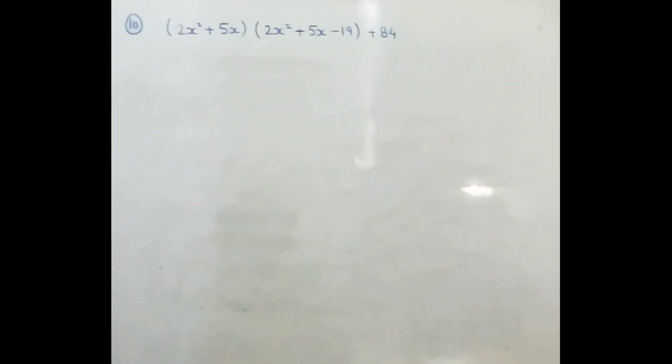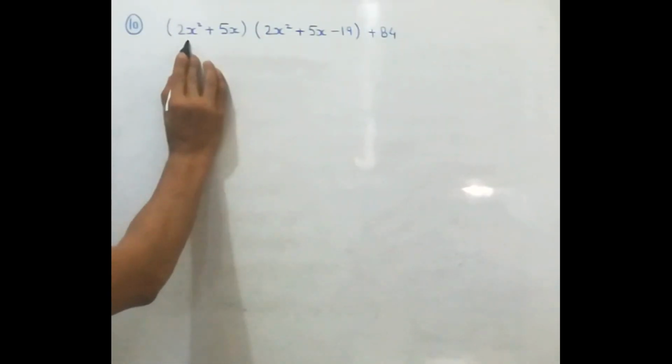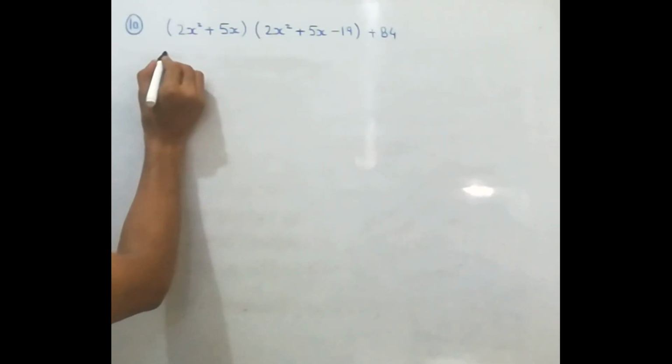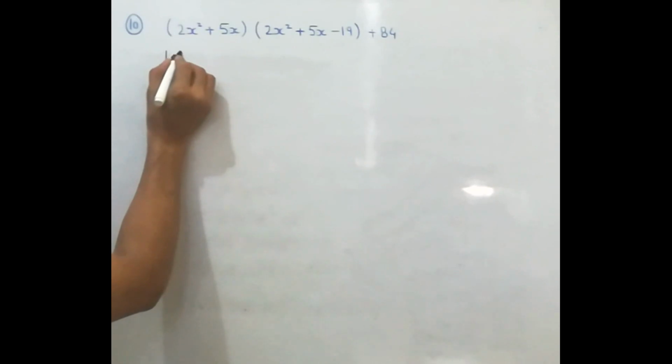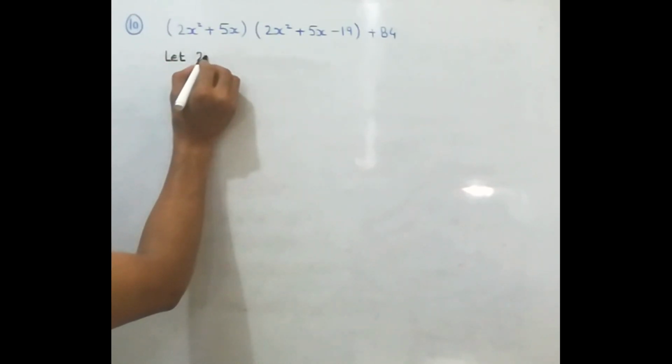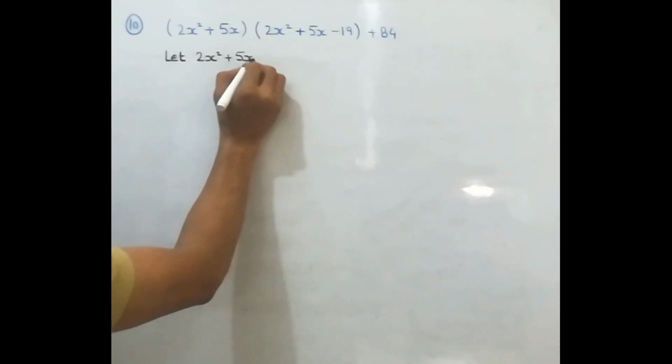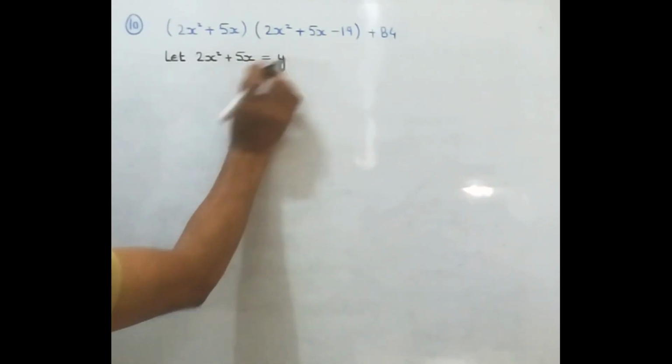In this question number 10, you can see 2x square plus 5x is repeated. So let it be substituted with y.